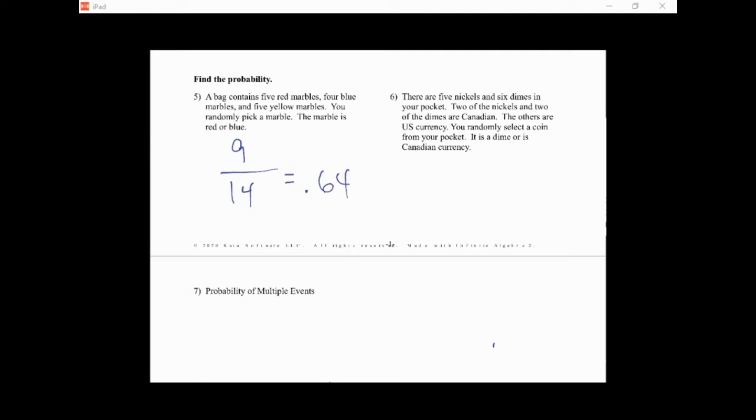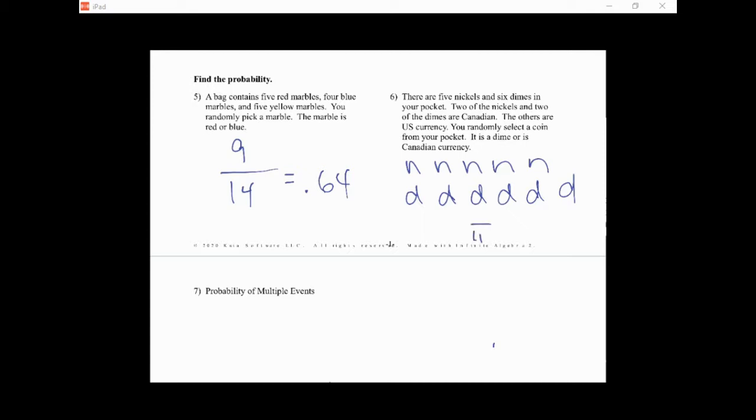For these ones, there can be overlap, so I recommend writing out your sample space. For example, you have 5 nickels and 6 dimes, which means you've got 11 total. So whatever your probability is going to be over 11.